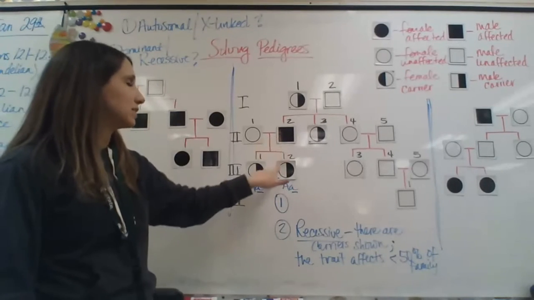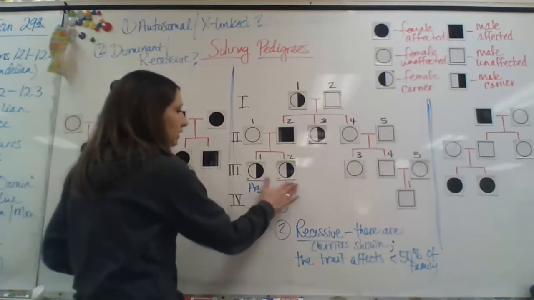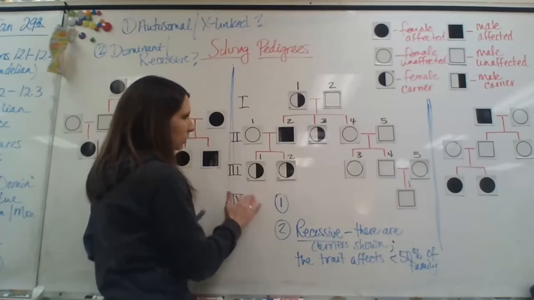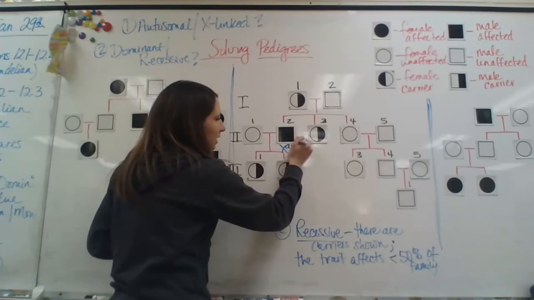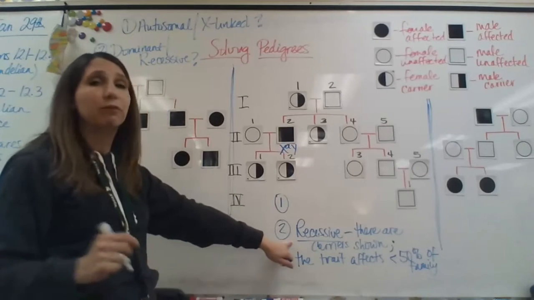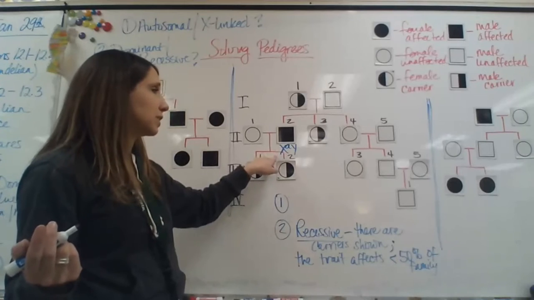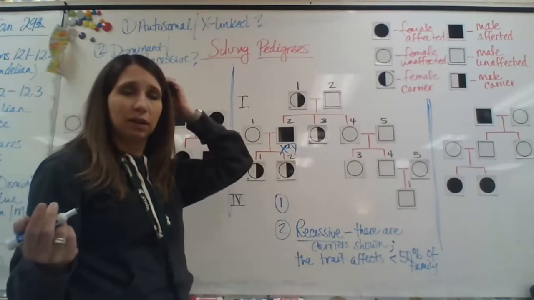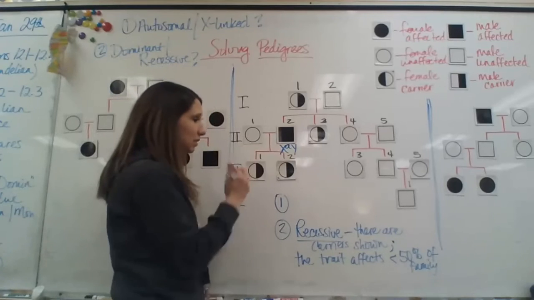But if this male is passing down his X, well, we know he's affected. If I erase these to make it a little more clear, he would have to be something like this, because we're saying it's recessive, so it's got to be little a. If we go with the assumption that it's X-linked, then we could write his genotype as X little a Y, which means the only X that he's got to pass down is X with a little a.